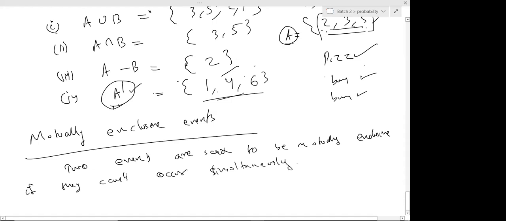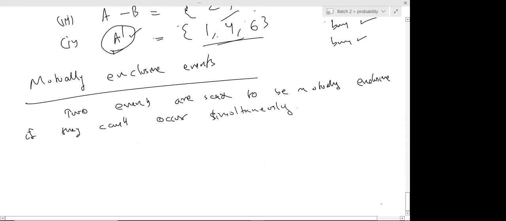You cannot get heads and tails in the same experiment. You can get either heads or tails.